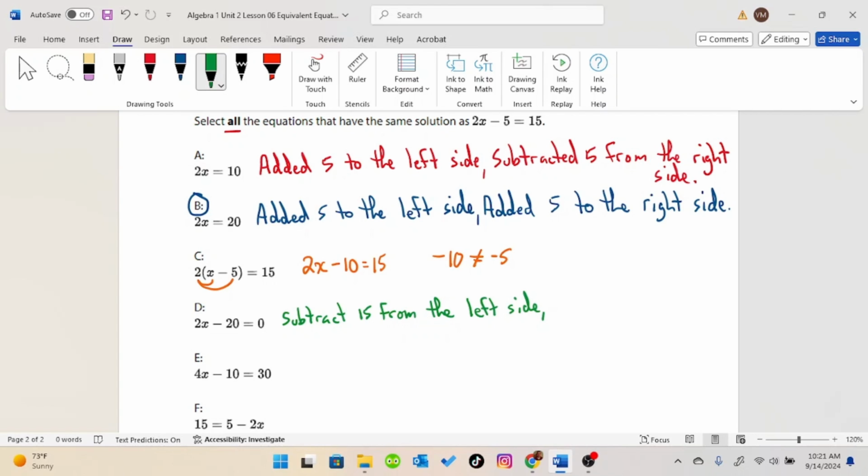To go from 15 to 0, we subtract 15 from the right side. Because they did the same thing to the left side and the right side, this is an equivalent equation.